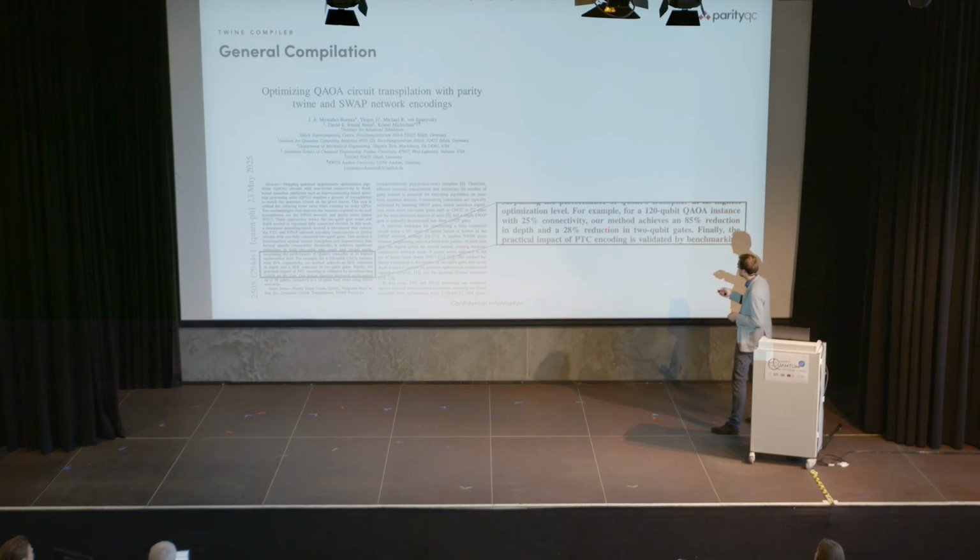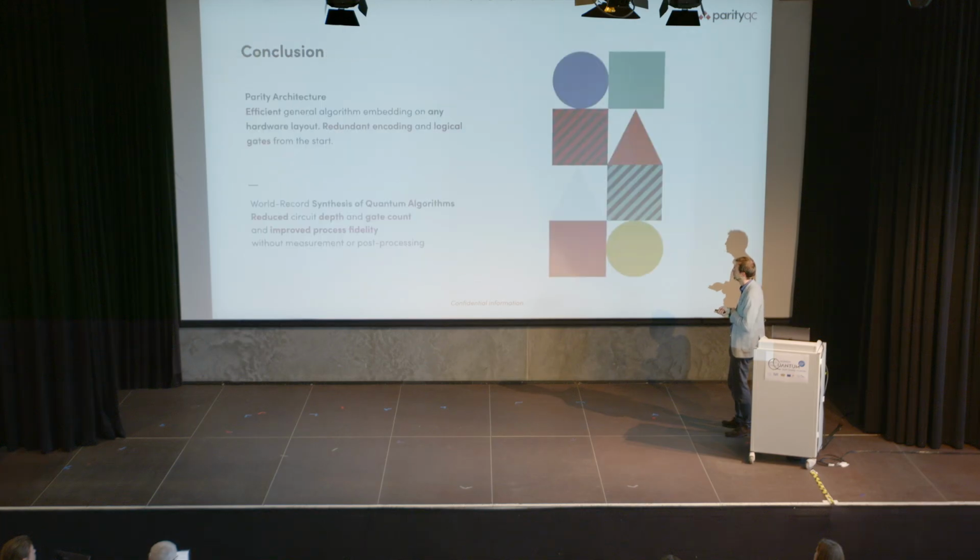And what they see is that by adding this Parity Twine network, as they call it, they got for general compilation of problems, compared to swap networks, a reduction in the depth of 85% and 28% reduction in the gate count. So I think also quite a remarkable improvement.